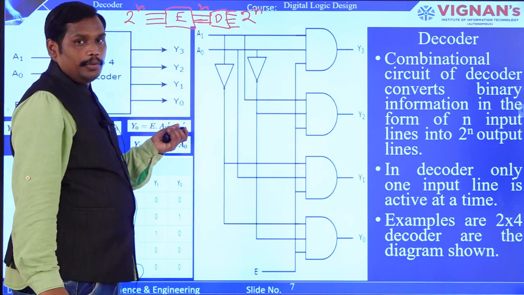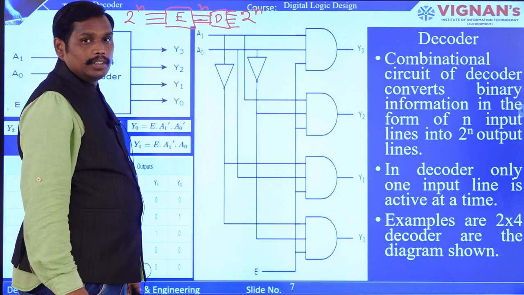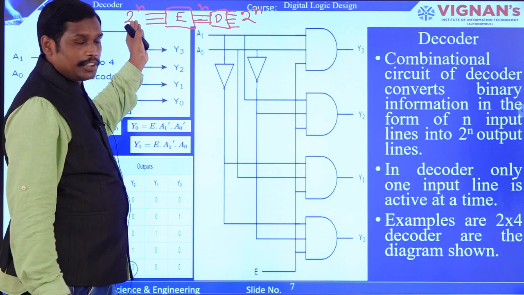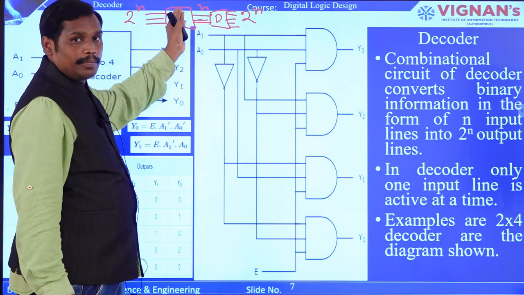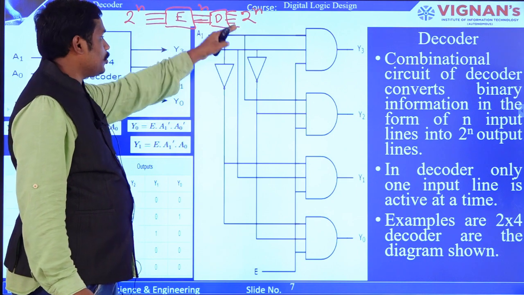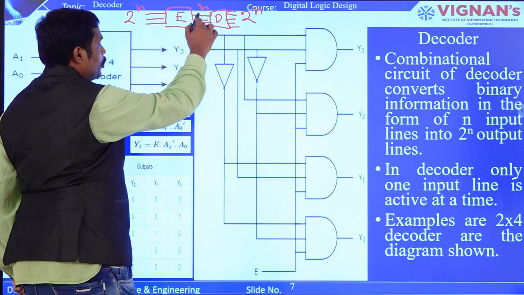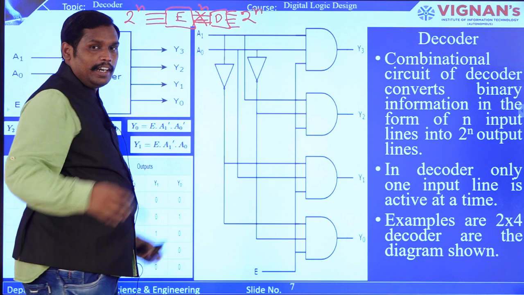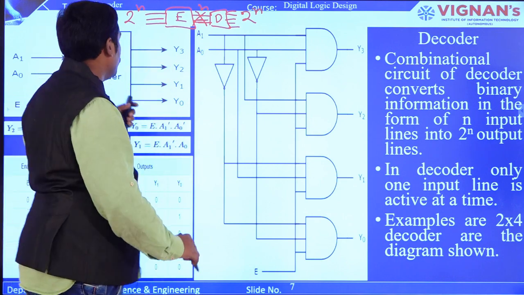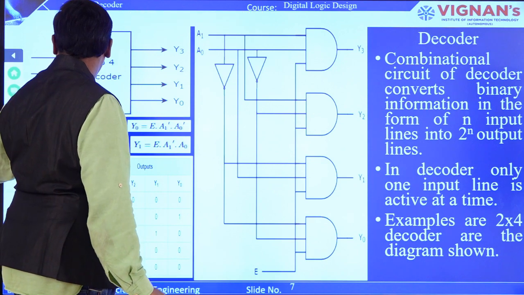So this is how you are going to have a structure for encoder and decoder, right? For the encoder, 2 power n is the input size and n is the output size, and that output is given as an input to the decoder so that you will get back the original data. So this is how you are going to save some memory during data transmission. That is the reason why combinational logic circuits work on data transmission. Now we'll see how it's going to work.